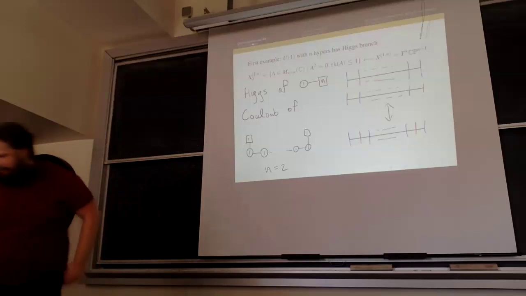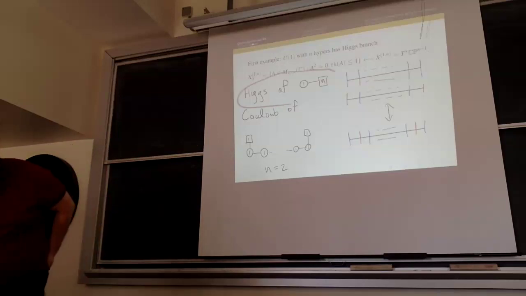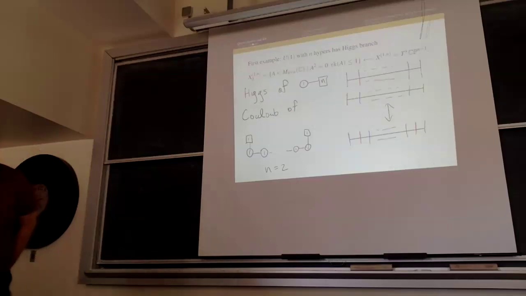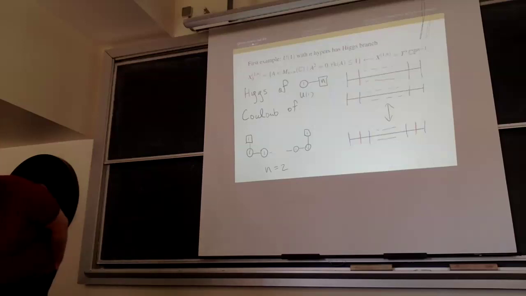So I can think about this one way as the Higgs branch of this quiver gauge theory, right? This is a Nakajima quiver variety where I have U1, and I'm looking at n hypers. So I would think of this as C^2n, or more canonically as T*C^n.